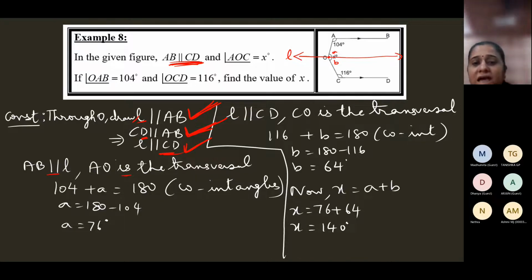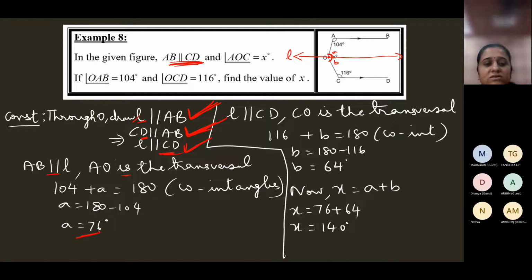Co-interior angles. Now this full angle is X. But because of the construction, the angle is divided. So I've called one part of it A and the other part B. So A plus B is X.